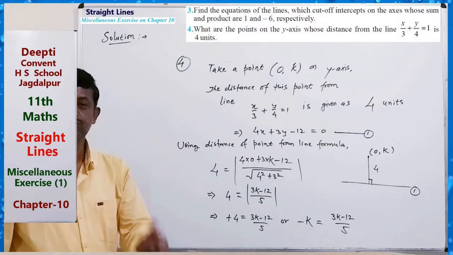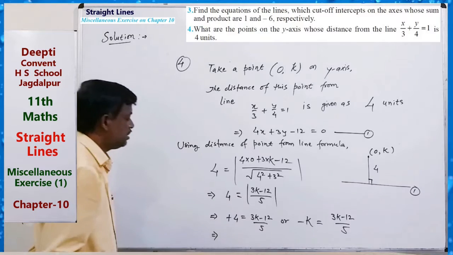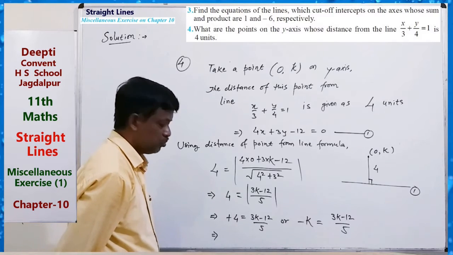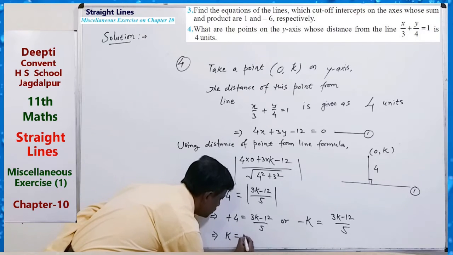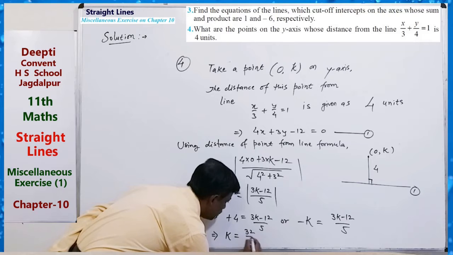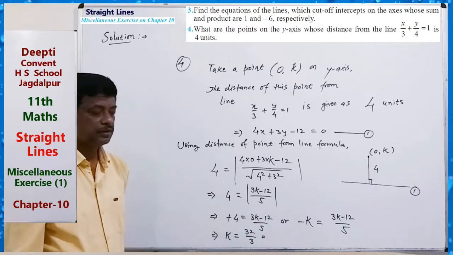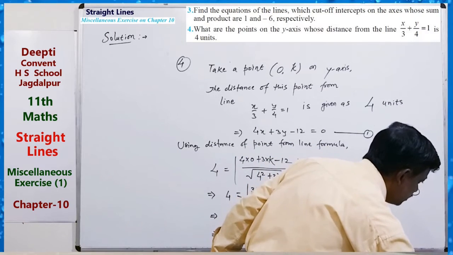So there will be two values of k. Here 20 plus 12, 32. 3k equals to 32, k equals to 32 by 3.